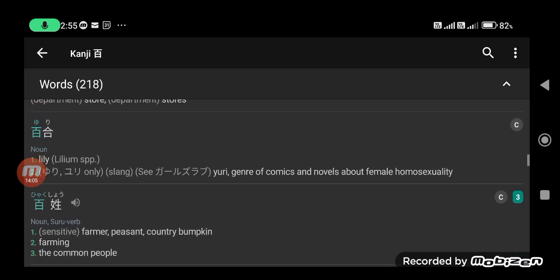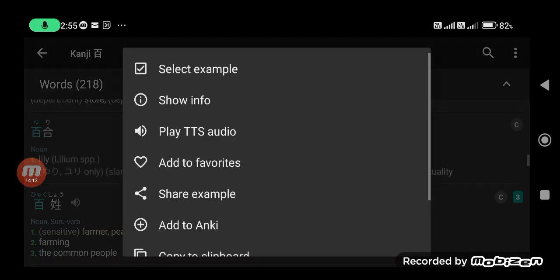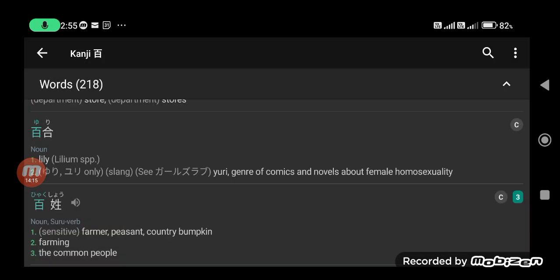And this is also another irregular reading, and it is usually used as the name of a girl, Yuri or Sayuri. Yuri. So please screenshot that one. Yuri is a Japanese name, but in English the counterpart is Lily. And it's an irregular reading.